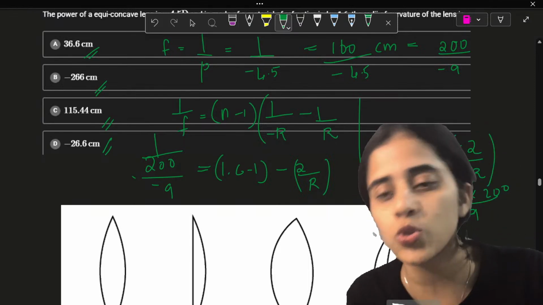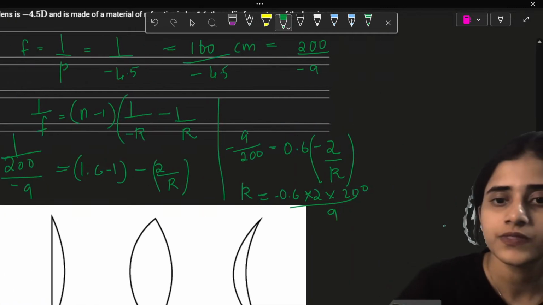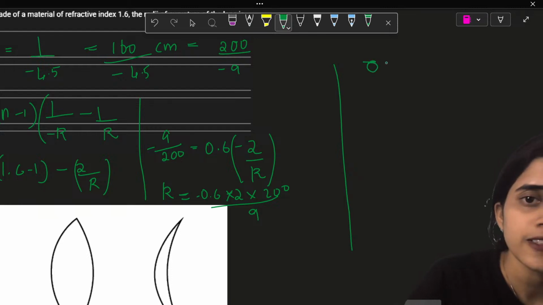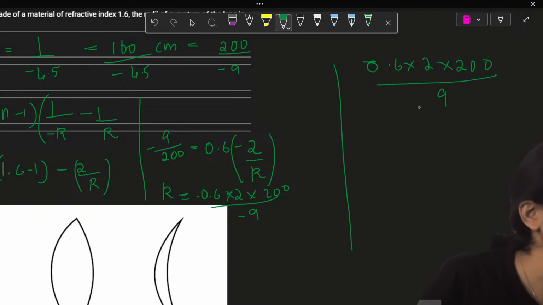What is 200 into 2? 400. How will you solve it quickly? Do you want tips to solve this quickly? I'll show you. The question is 0.6 into this minus and this minus will cancel. So 0.6 into 2 into 200, the whole divided by 9. How will I solve it easily? What is 0.6? 0.6 is 6 by 10, which is 3 by 5.